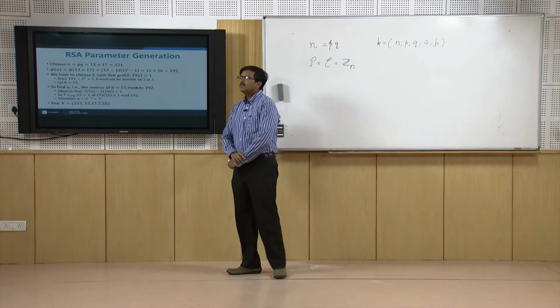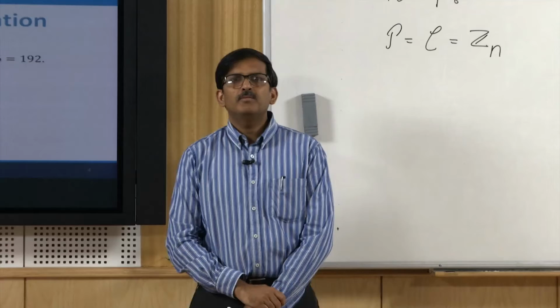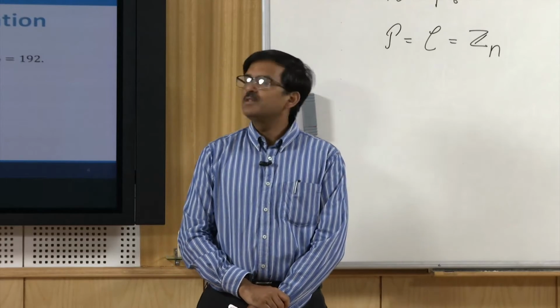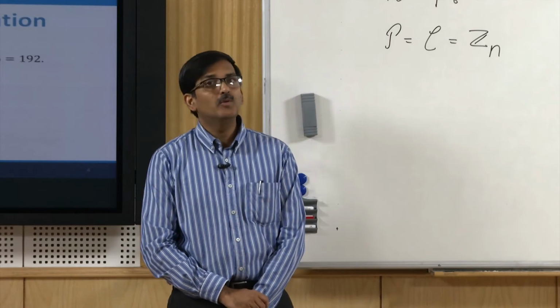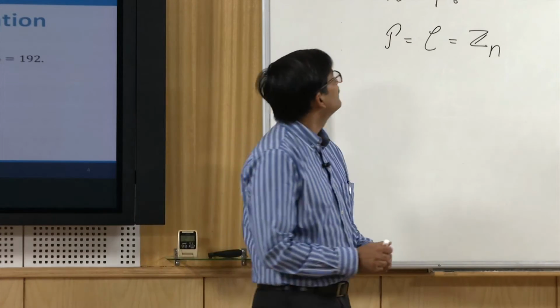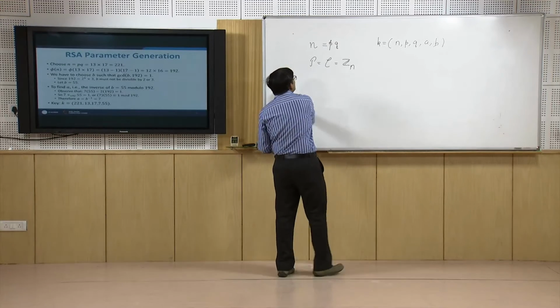So, what we are going to do now is to choose P and Q as particular primes. Suppose P is 13 and Q is 17, both are primes.